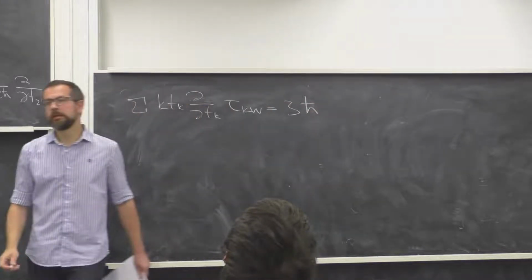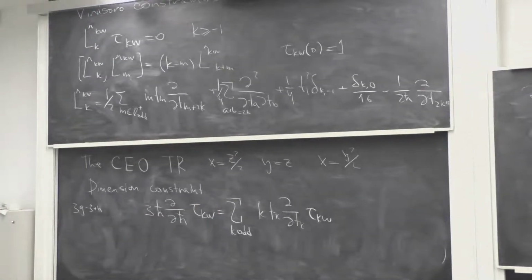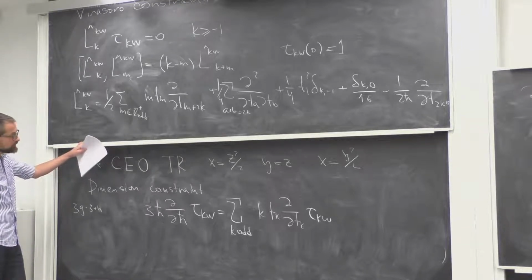Is this dilaton constraint a corollary of the Virasoro constraints, or is it an independent condition? I don't think it's a corollary. I think it's somehow independent. This is the form of the constraint I wrote from the very beginning. So do you mean that the Virasoro constraints have other solutions which don't satisfy this dilaton constraint? No, then it would be a corollary. Okay, so not exactly.